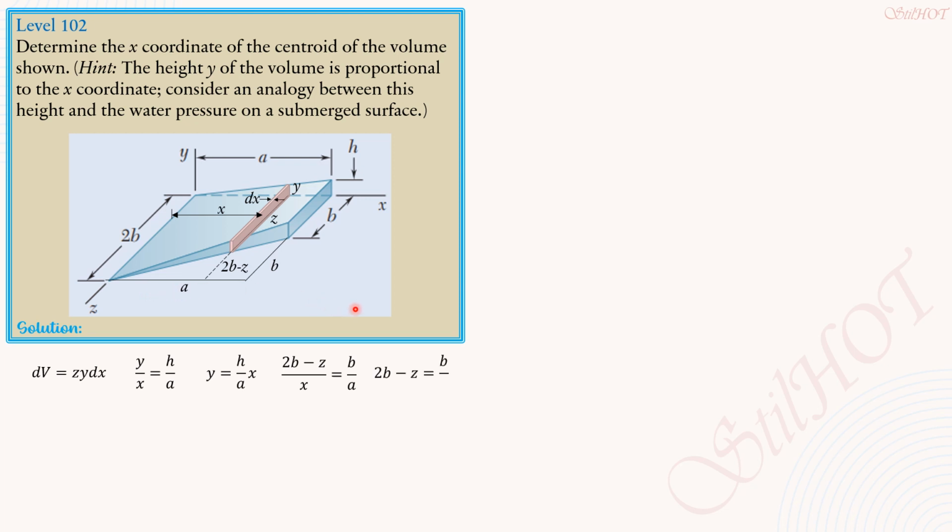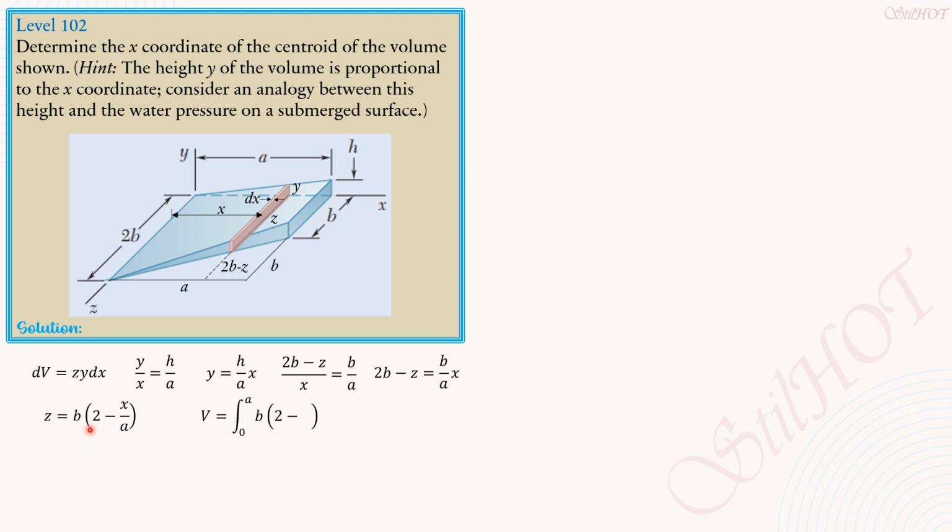So 2b minus z equals b over a times x. Factoring out b, we have z equals b times the quantity 2 minus x over a. So that's the value of z.